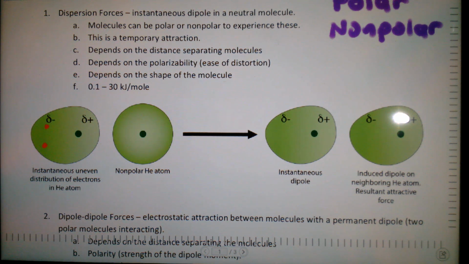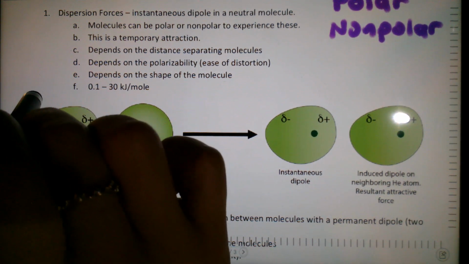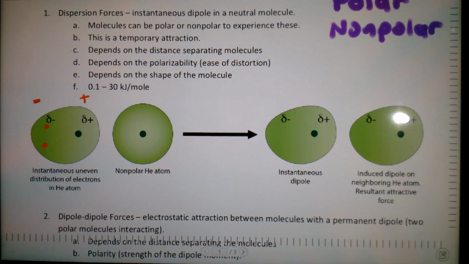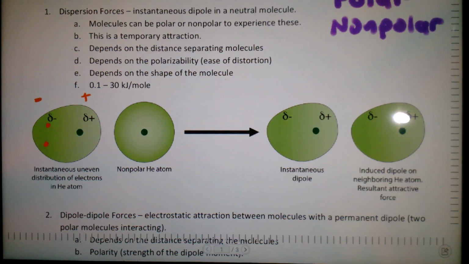Okay, so somehow in the randomness of the electrons moving in the atom, it turns out that both of the electrons are on this side. So that makes this end a little bit negative and this end a little bit positive. Okay, so this isn't permanent. It just so happens, statistically speaking, that sometimes your electrons can be on one side of the atom.